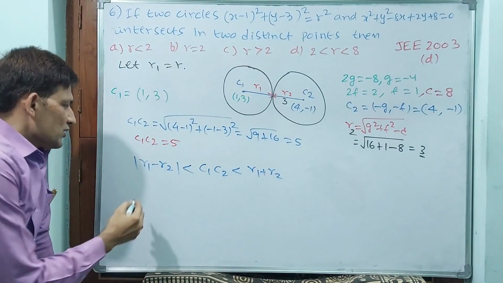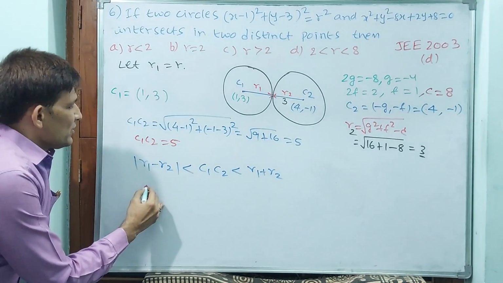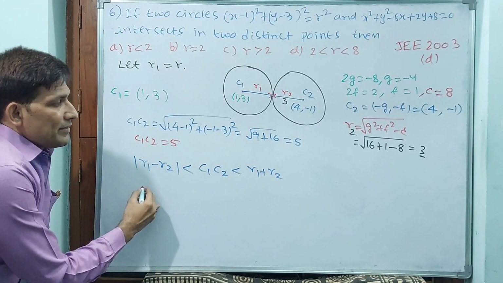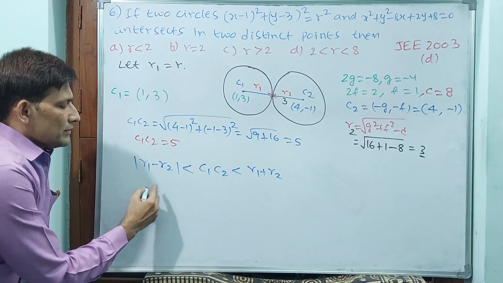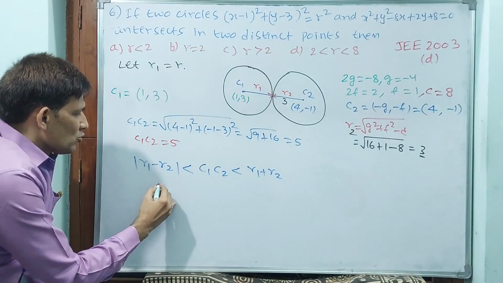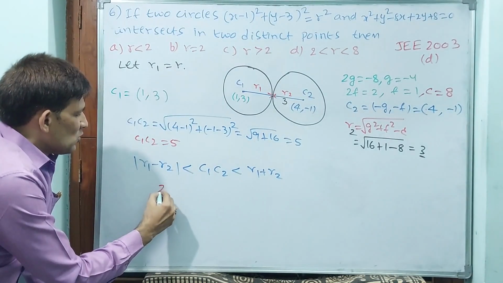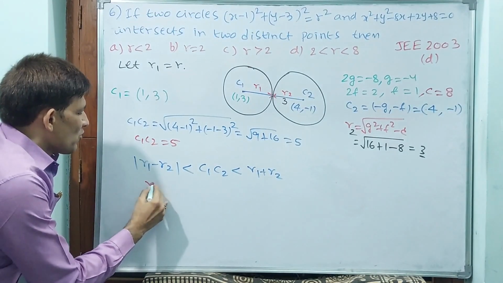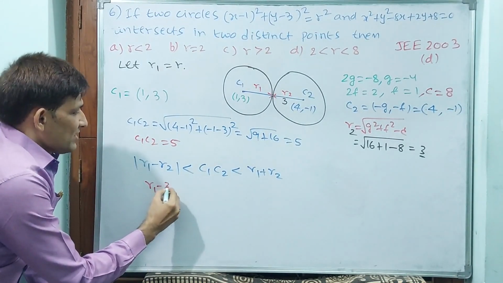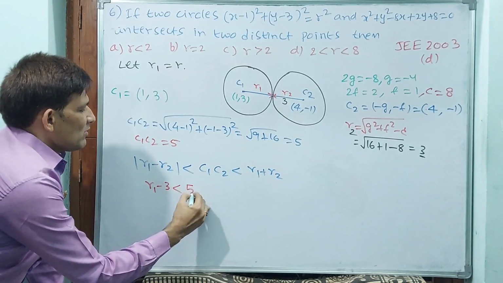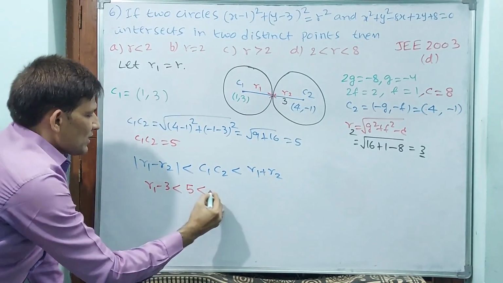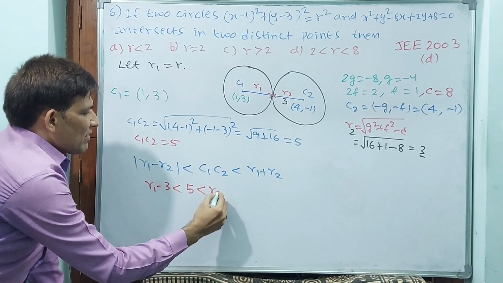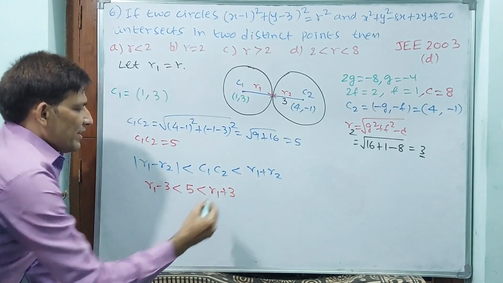So what is R1 - R2? I will explain. R1 we don't know. So |R1 - 3| < 5 < R1 + 3.